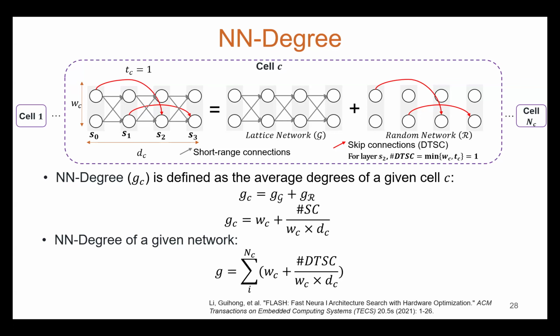So the greatest thing about this is that it is extremely simple. It needs only 3 parameters. So essentially it has WC, the width, the total number of skip links, and the DC, which is the depth. So these are things that can be observed at a sort of macro scale, and you can get an idea of a network, how good or how bad it is.